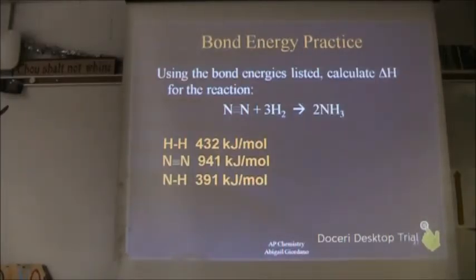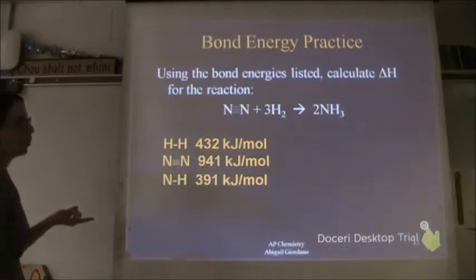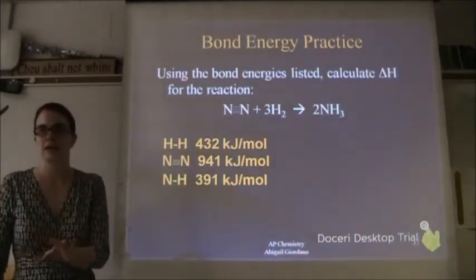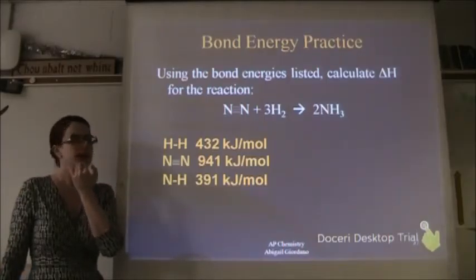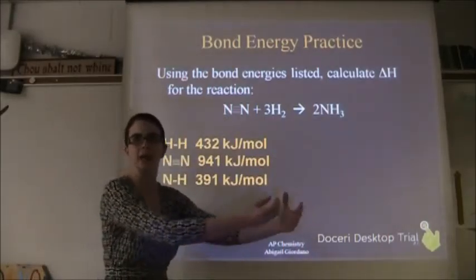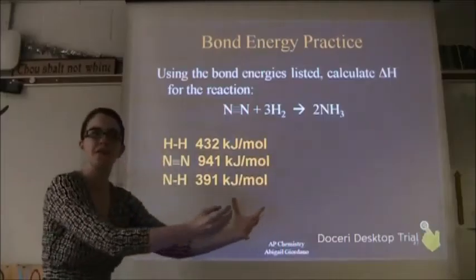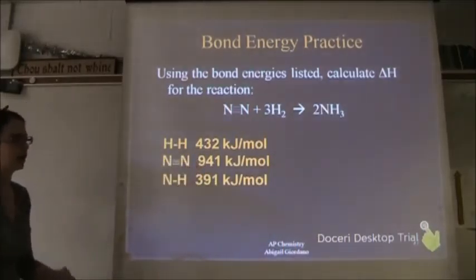Which side of the reaction, reactants or products, which side will I be breaking bonds? What do you think? Reactants, yeah. You're forming product. You'll be forming bonds on the product side. Okay.